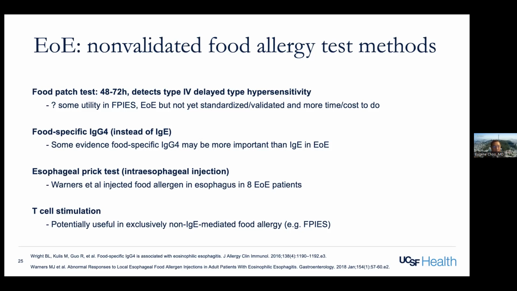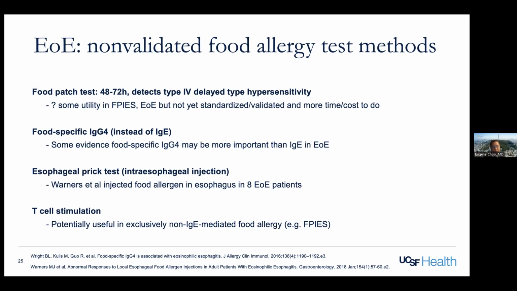There's been some data suggesting some utility for FPIs as well as EOE, but this is far from being standardized, really still pretty far from being validated. It is also fairly time and money intensive to do. So it's just not something that's really widely done. You're going to see it done every now and then, typically more in research protocols than in regular clinical practice.